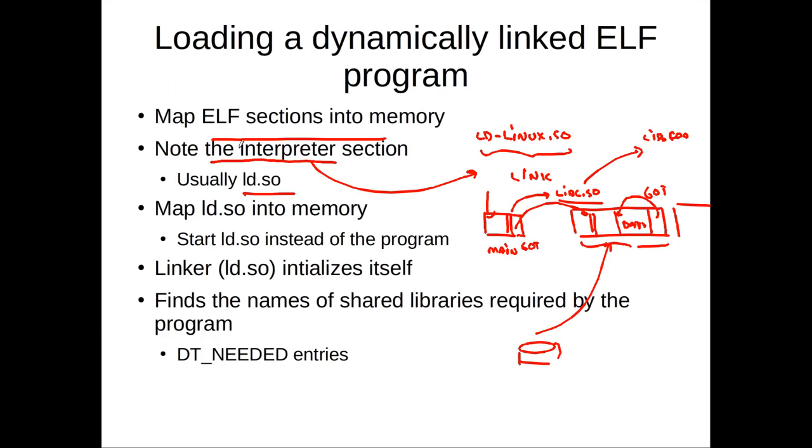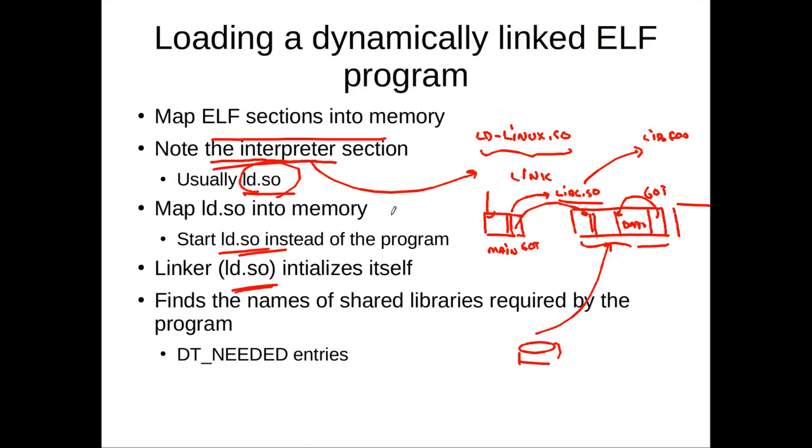So what happens here is that the kernel itself understands that this is the program which has to be linked first. It loads this library, ld.so or ld-linux.so, into memory. And instead of starting the program itself, it starts this library, right? The linker first initializes itself because, well, it doesn't really know at which address it is loaded, so it can be different.